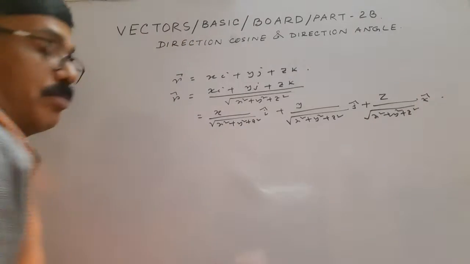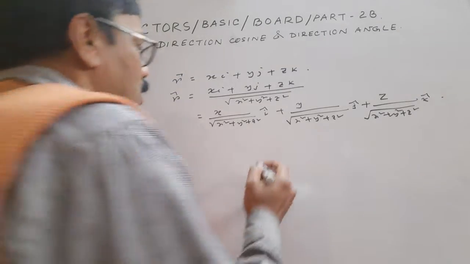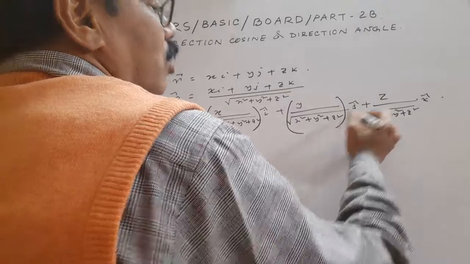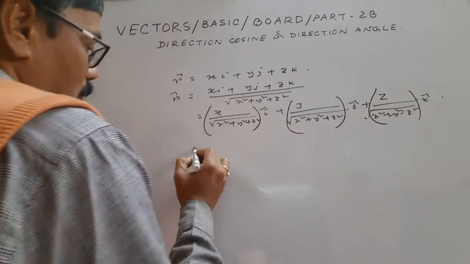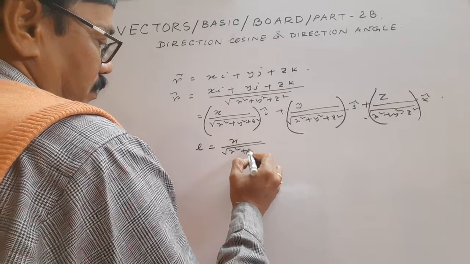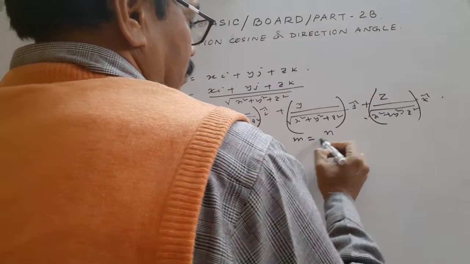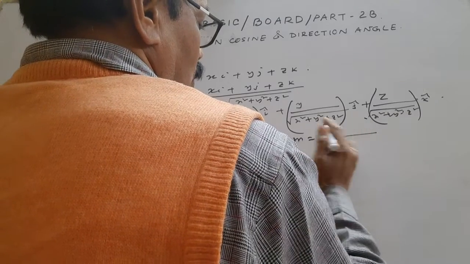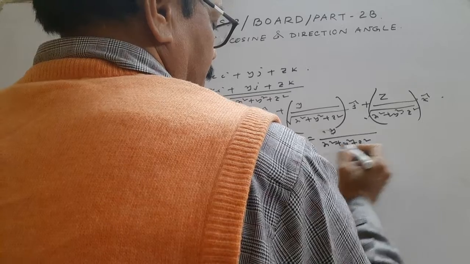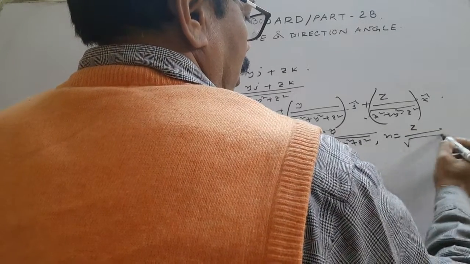Now look, if r is a unit vector, then these are the components of i, j, k. So if you consider this as L, this as M, and the third one as N.